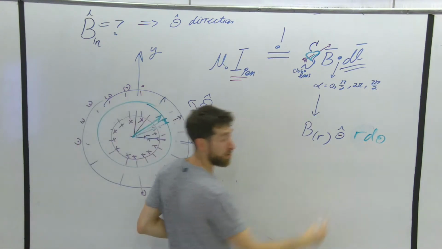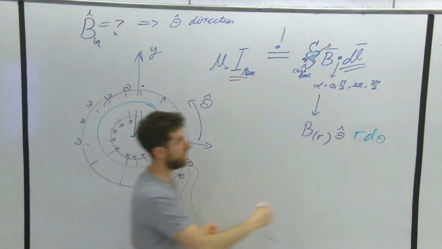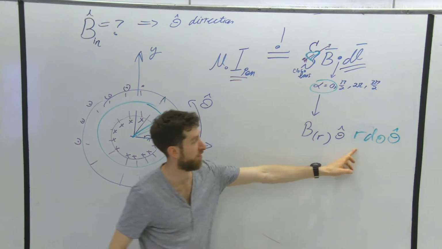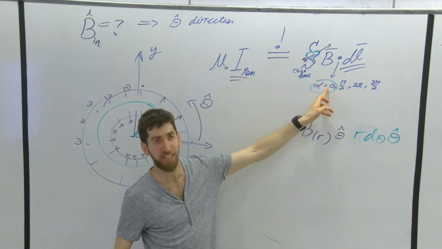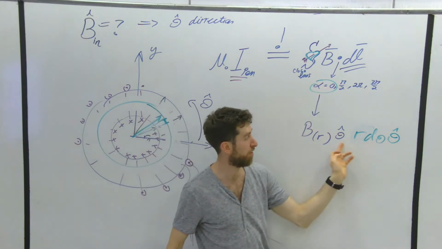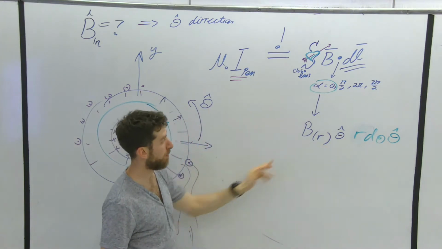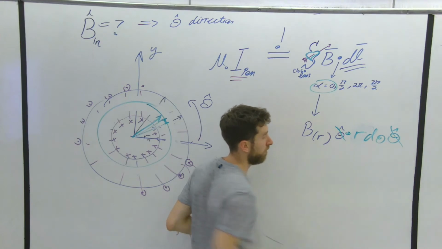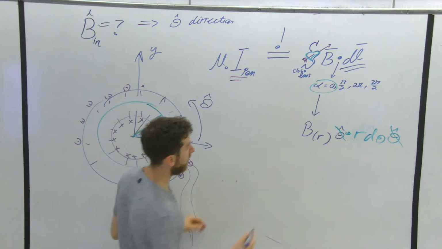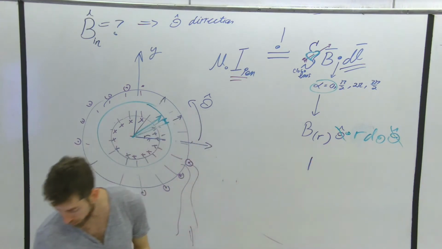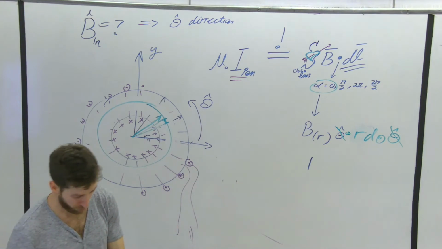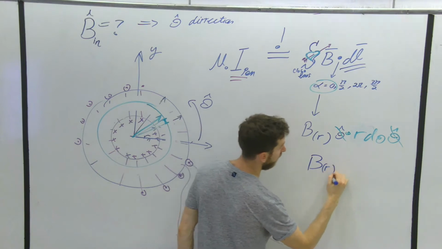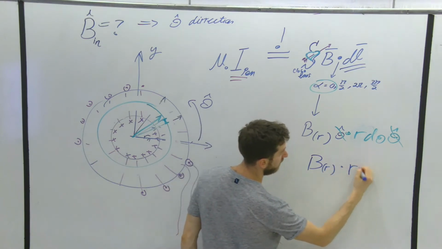So this thing, and what is the direction? The same. When you have this kind of thing, I know that it's gonna be easy. The angle is the same angle, so this actually kills itself in a dot product, right? So we end up with B as a function of r multiplied by r.